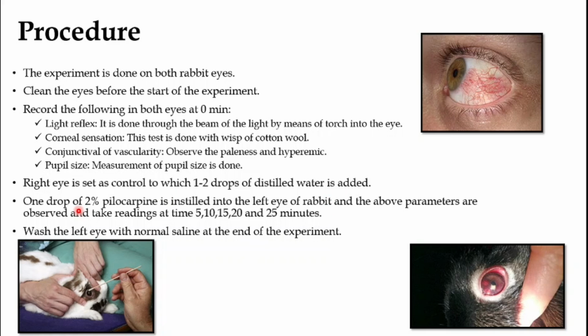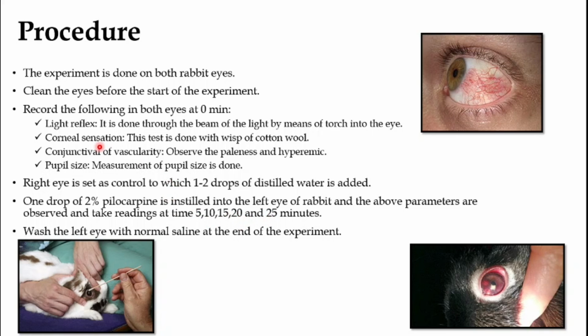After checking all these things before the pilocarpine administration, 2% pilocarpine is instilled into the left eye of the rabbit, and these above parameters will then be checked again after the pilocarpine administration at 5 minutes, 10, 15, 20 and 25 minutes.